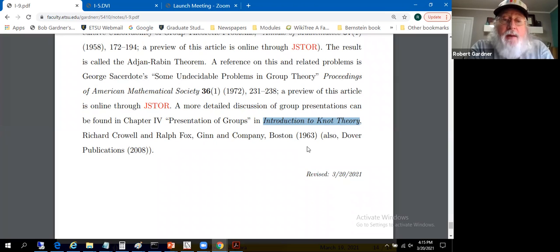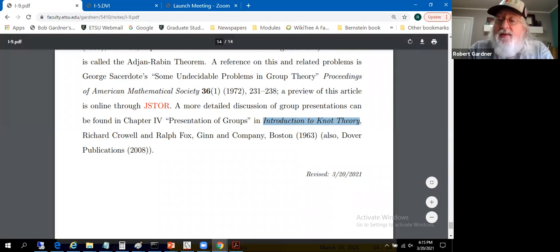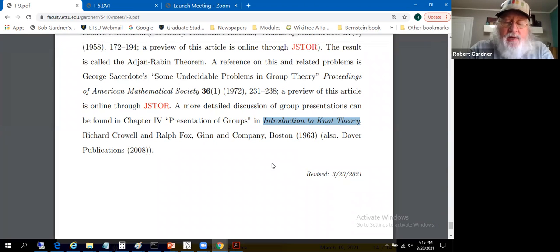But this comes up in the setting of knot theory due to the fact that a group can be associated with a knot. A physical knot, what you might think of, is to take a piece of string and twist it around itself a certain number of times and then join the ends. Knots are closed curves in that sense.